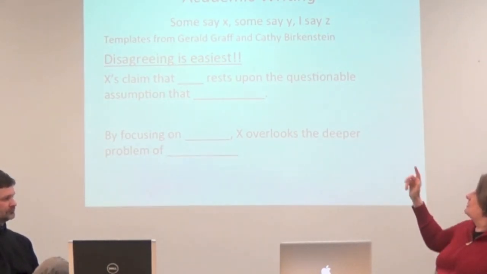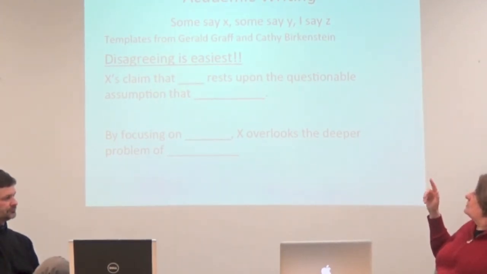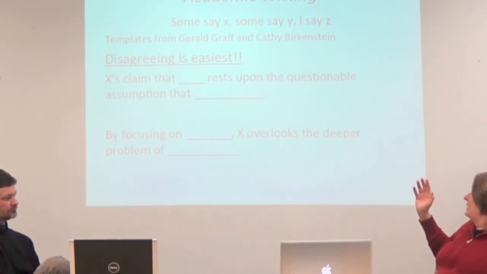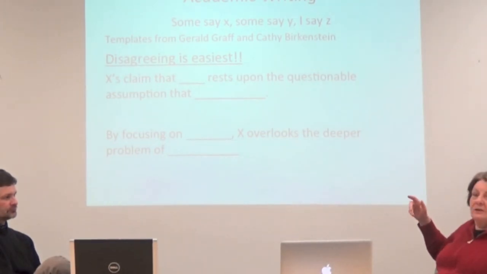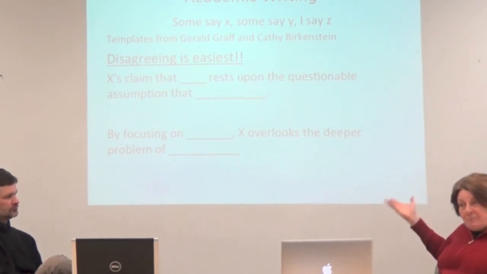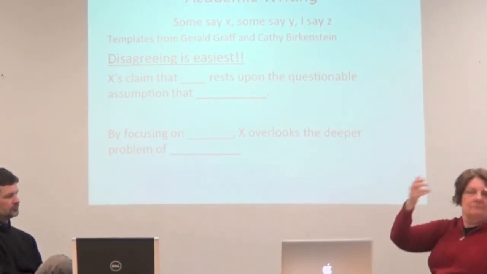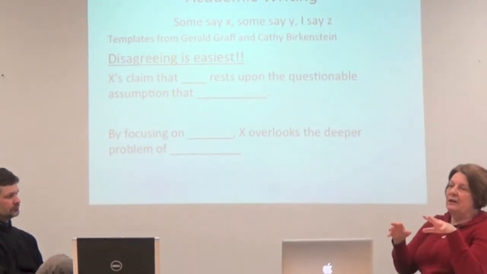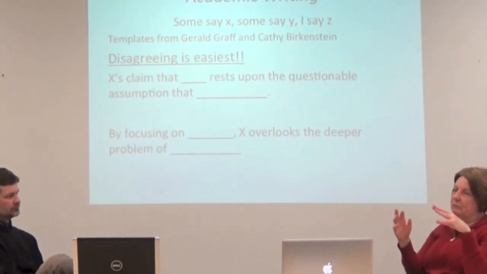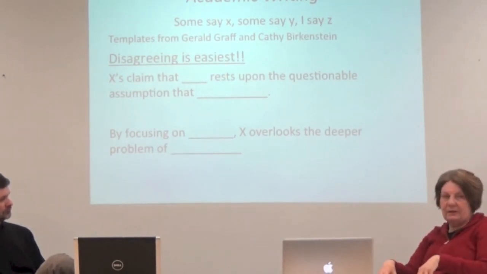This is plagiarism from Gerald Graff and Kathy Birkenstein here. But X's claim that something rests upon questionable assumption that something, right? So you just fill that in. It creates a space. By focusing on that, X overlooks the deeper problem of, that sort of move helps you read people critically and begin to cluster them while it's clearing space for you.